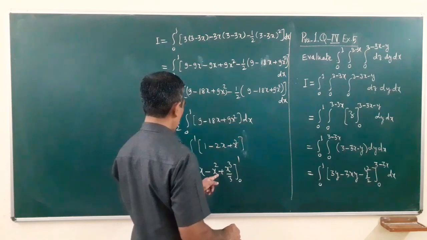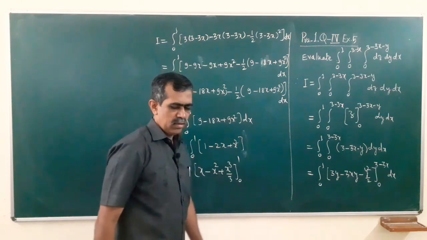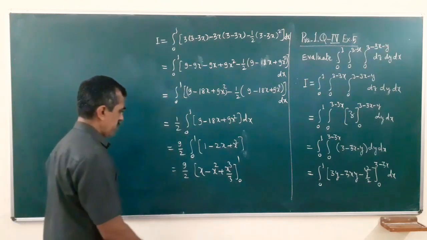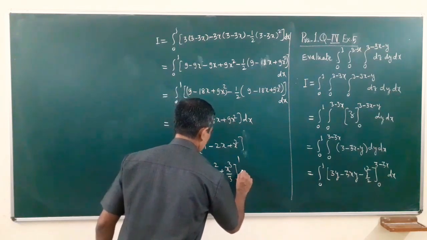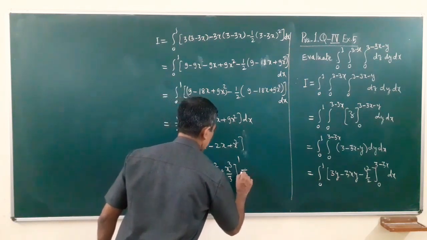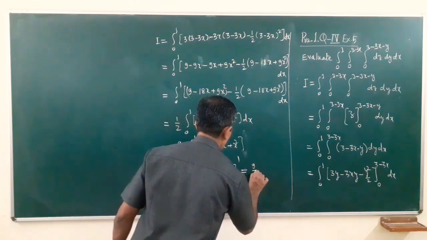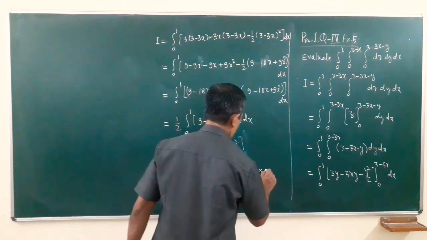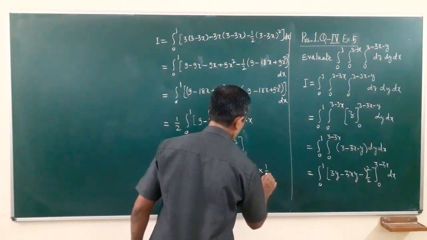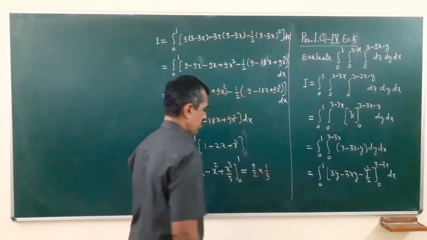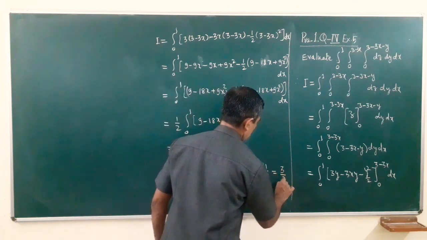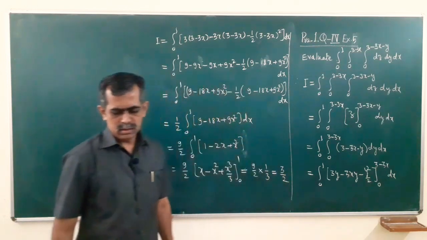So 1 minus 1 will go out. Okay, and yes, so what you find is, so I will write here, this is equal to 9 by 2 into 1 minus 1, that is 0, into 1 by 3, so that will be 3 by 2.